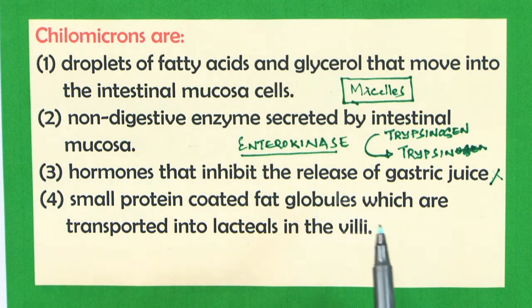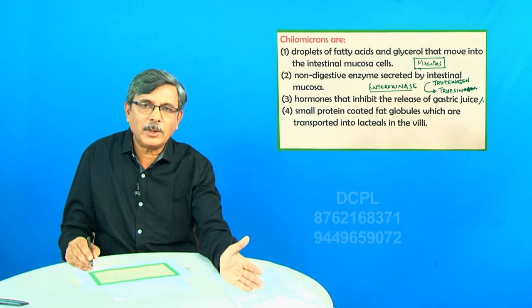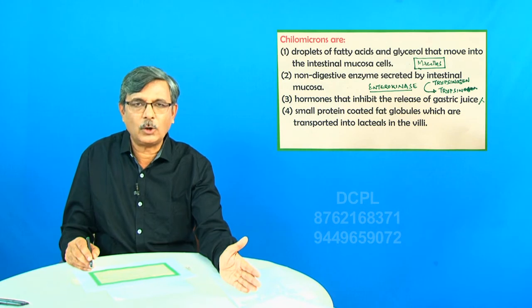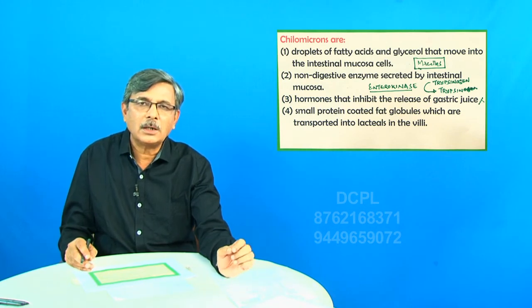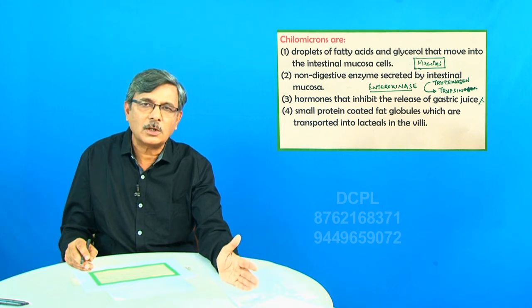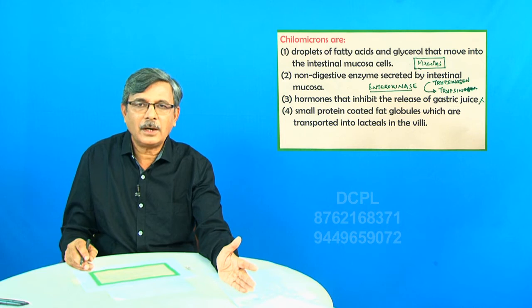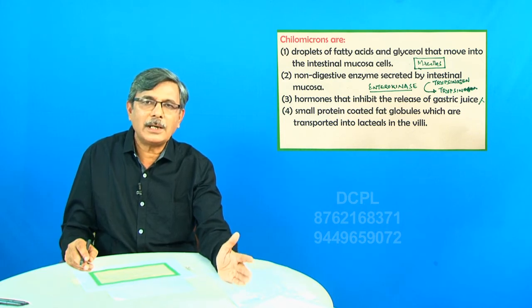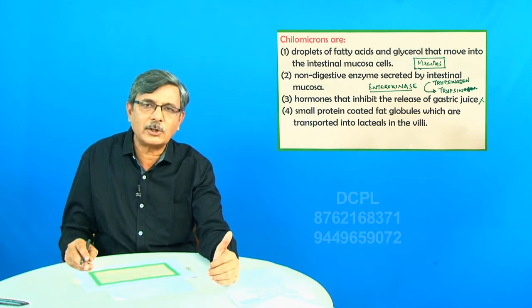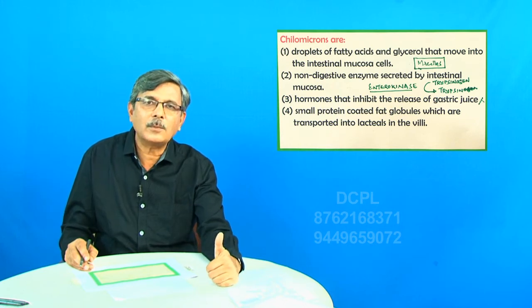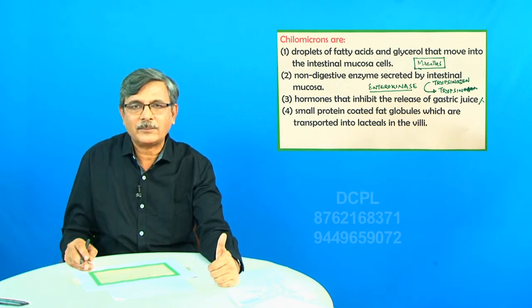Small protein coated fat globules which are transported into lacteals in the villi. Now we should know what we mean by lacteal here. I hope all of you know the small intestine has microscopic projections called villi. Singular is villus. And remember, lamina propria, the connective tissue, also enters into this villi.